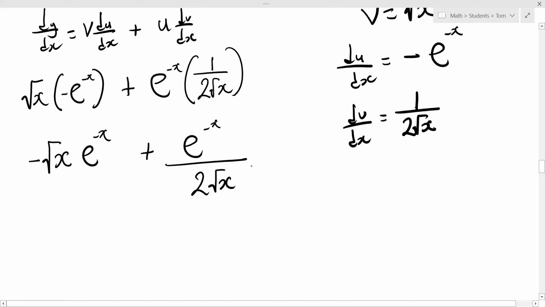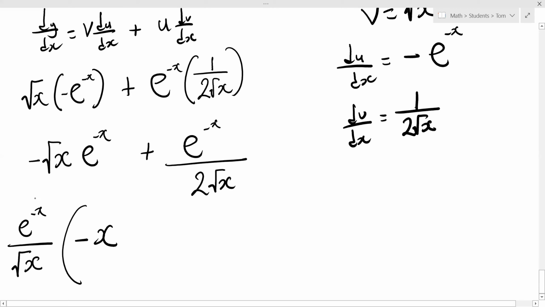What we can do is factorize. What are we going to factorize? We're going to factorize e to the power of negative x over root x. So let's divide this. If we factorize this out, then we're left with negative x.